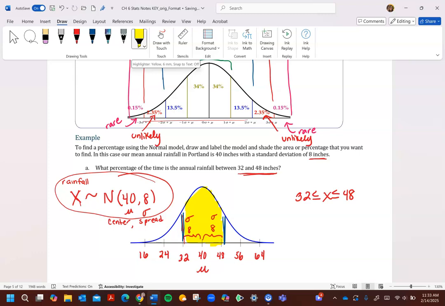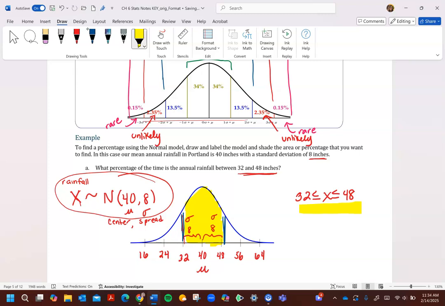We have the capital N for normal, telling us it's a normal distribution. 40 is our mean. 8 is our standard deviation, or our spread. And then we would write what we're working between for our inches: 32 less than or equal to X, less than or equal to 48, as such. And we could shade that area in.